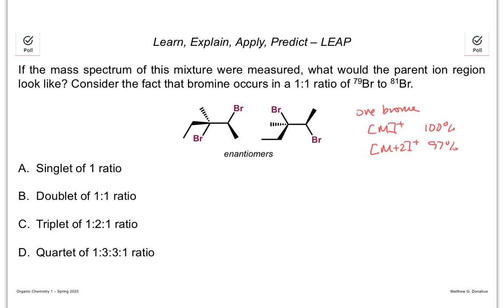What is the parent region going to look like? So if we use some logic, we can eliminate A because we already know that bromine has two isotopes. If there's one bromine, it's going to be that 1-to-1 ratio. But now we have two. And so what you're doing is thinking of what are the combinations of those two bromines in terms of the natural isotopes that they can be.